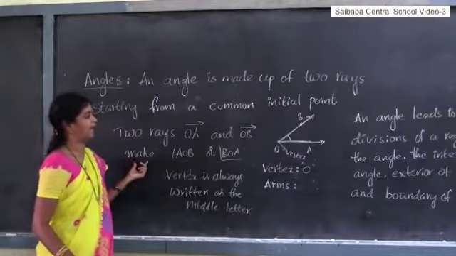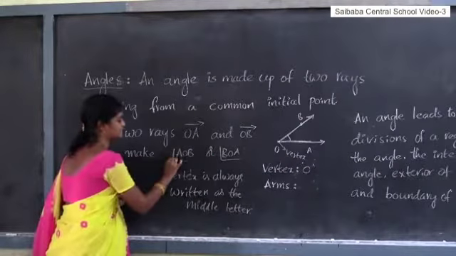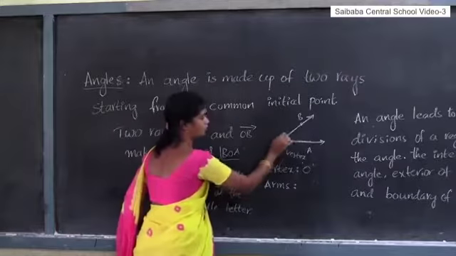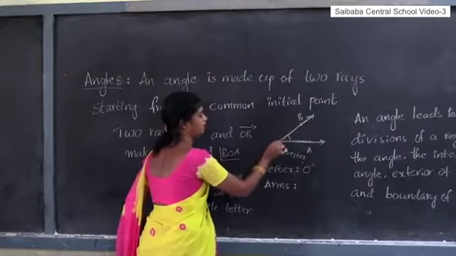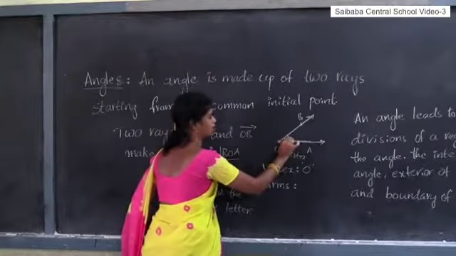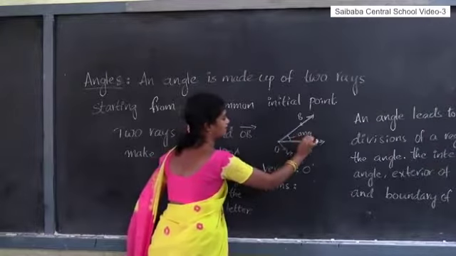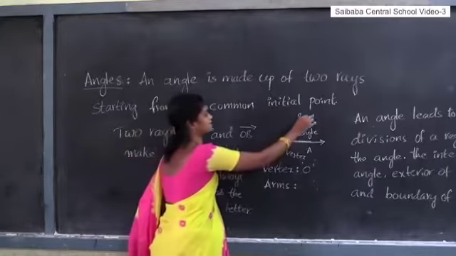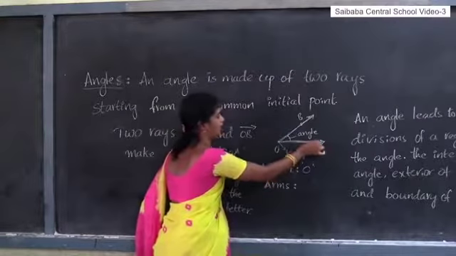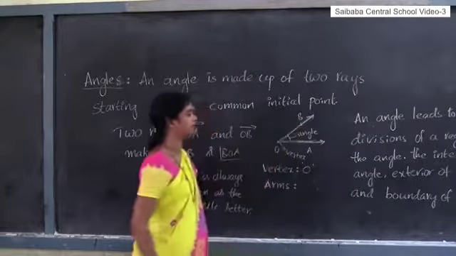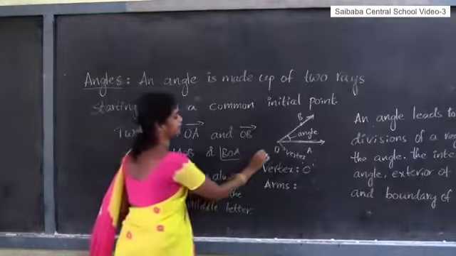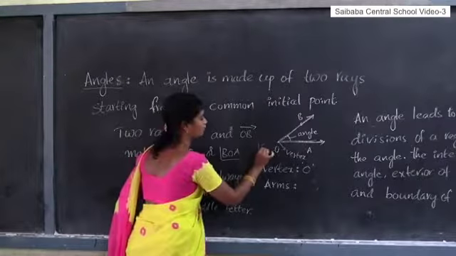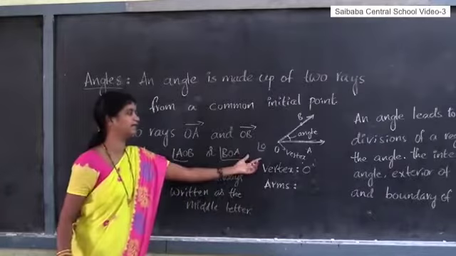And the angle we can write as angle AOB or BOA. This is what we will call an angle. So this angle we can call BOA or AOB, or with a single letter, the vertex, angle O, also we can indicate.